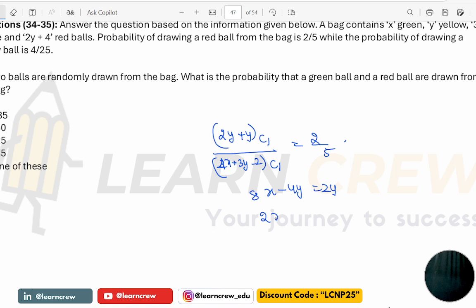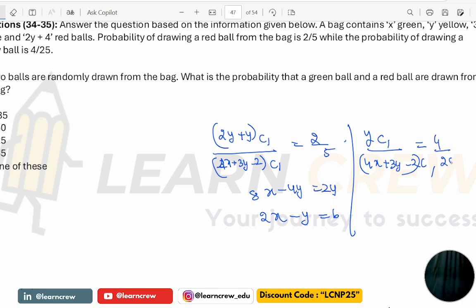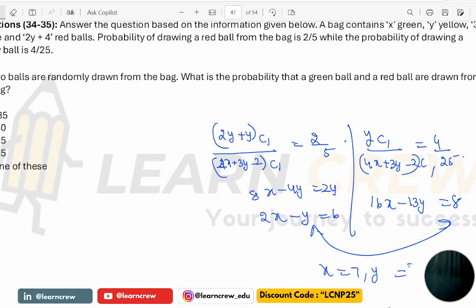So 2x minus y is equal to 6. Now the yellow ball: y C1 divided by 4x plus 3y minus 2 C1 is equal to 4 by 25. If you simplify this, the equation you are going to get is 16x minus 13y is equal to 8. If you solve these two equations, you will get x as 7 and y as 8.